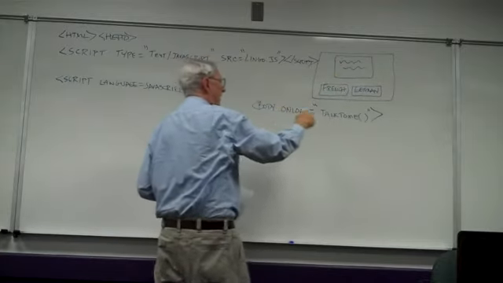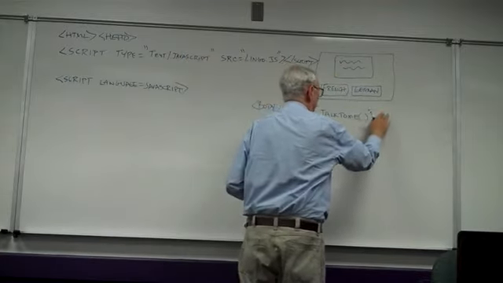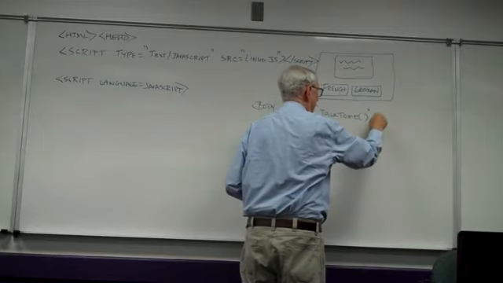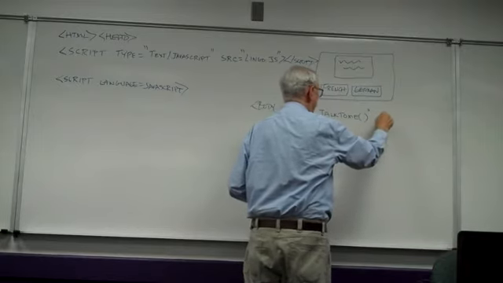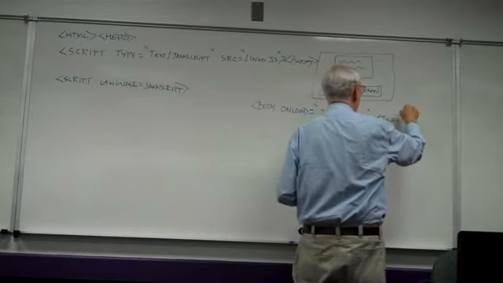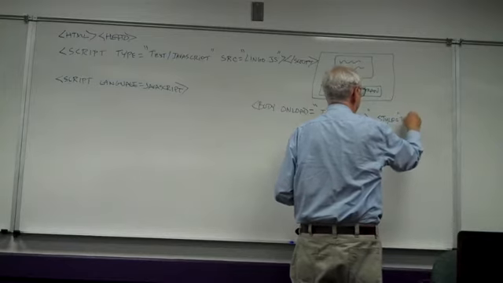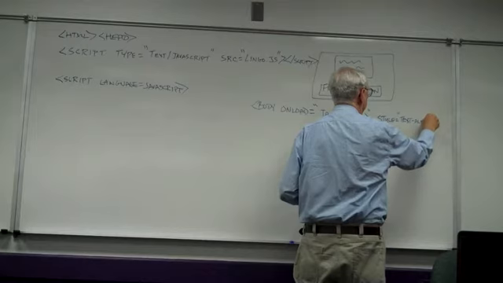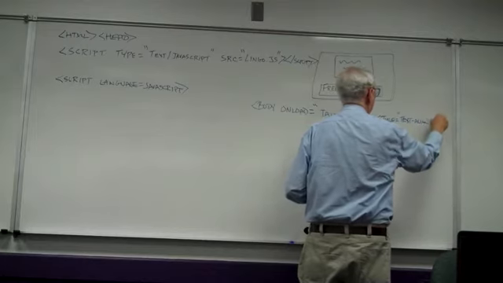Now it's centered. As you know, I might as well do it because we're doing this. Okay, we'll do this. So what you do is you say style equals text align colon center.